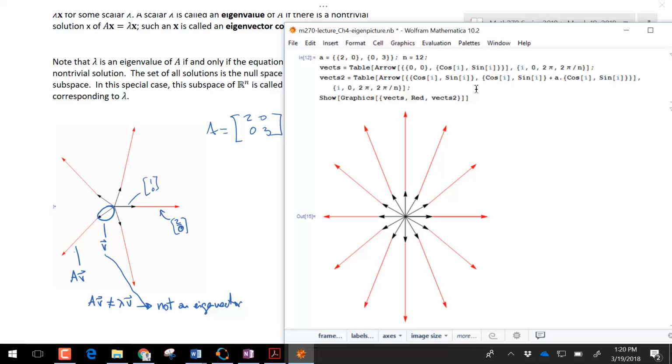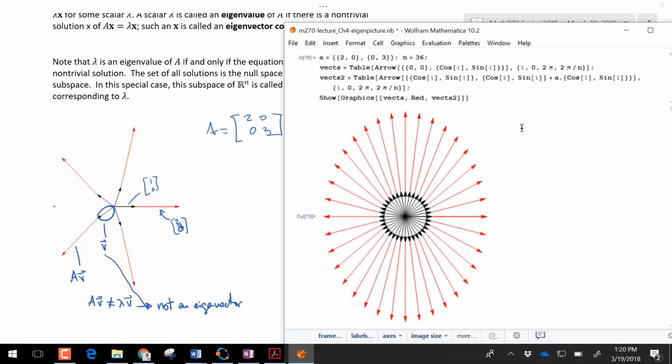And then how much they get stretched out will decide your eigenvalue. And so I think I had another one. If you take a look at that, they're really close, but can you immediately tell where the eigenvalues or eigenvectors are? Yeah, just at those places.